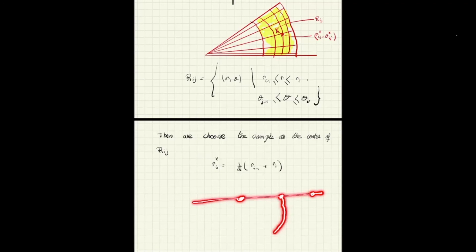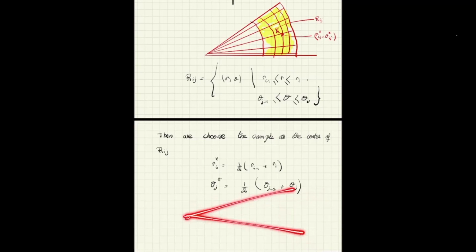Then you take the middle point of theta, so theta_j star is given by the center of theta_{j-1} and theta_j. Let me repeat this one last time.